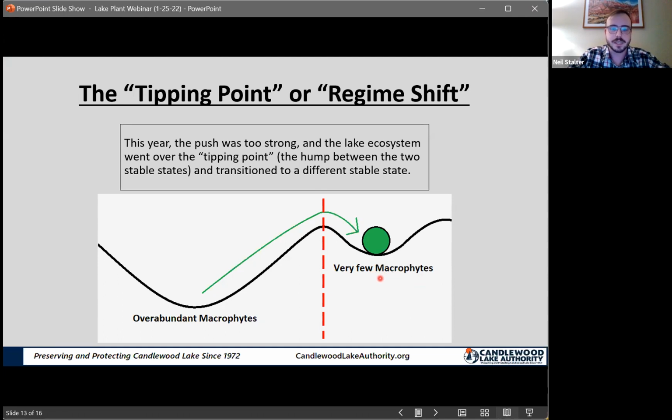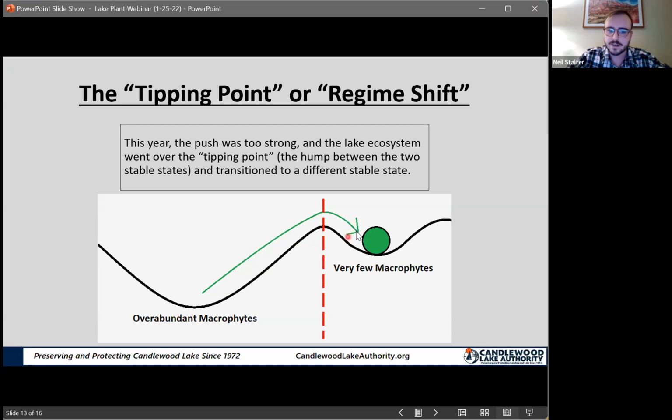That was on purpose because in an ecosystem the size of Candlewood, the fit of Candlewood for plants, it's actually easier for it to move back towards that overabundance. That's why so often in the past, the ball has fallen back towards that state of overabundance.